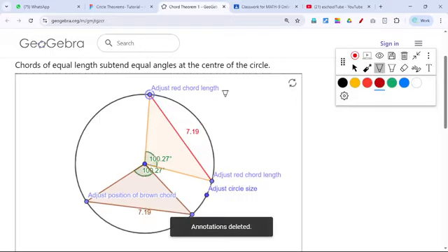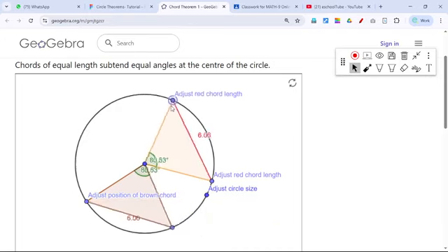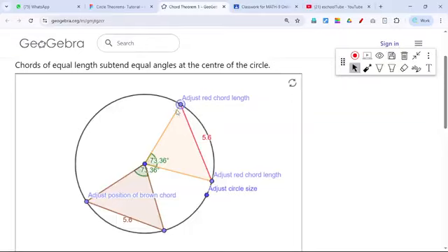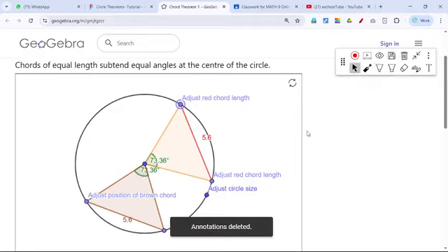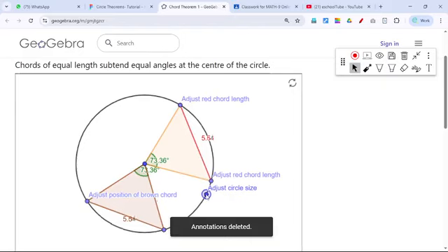Even if the chords are changing, you see the length of the chord is changing, but the chords are of the same length. As long as the length remains the same, the angle at the center will also remain the same, even if you change the points, or even if you change the size of the circle.